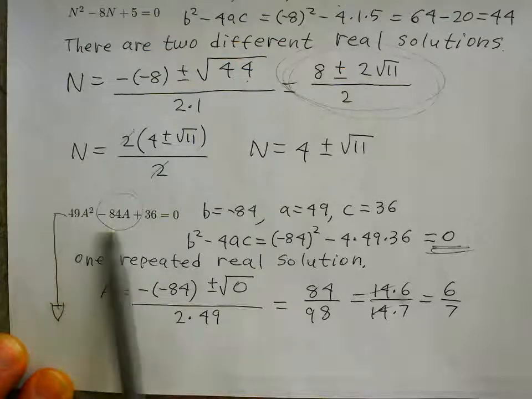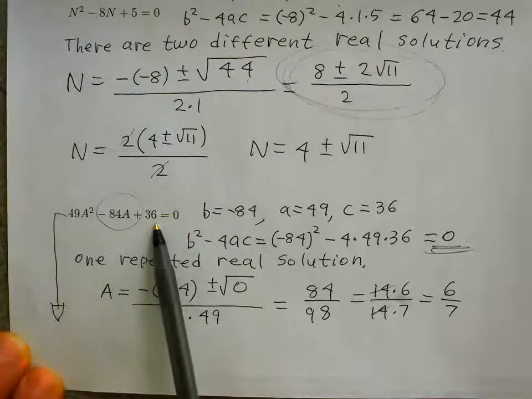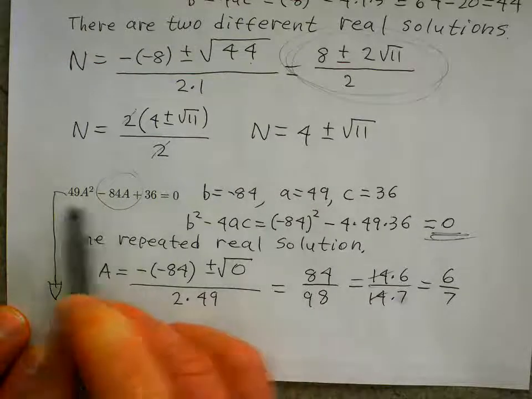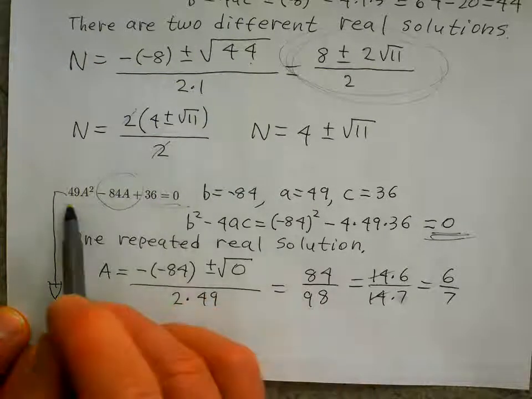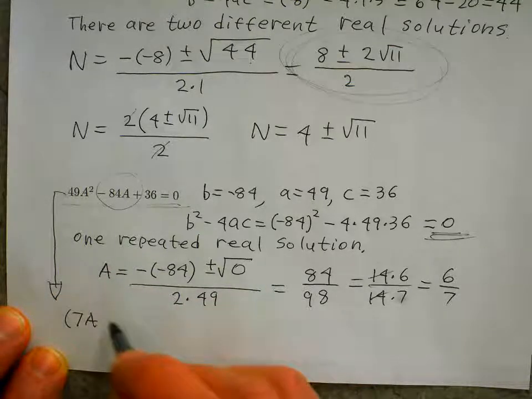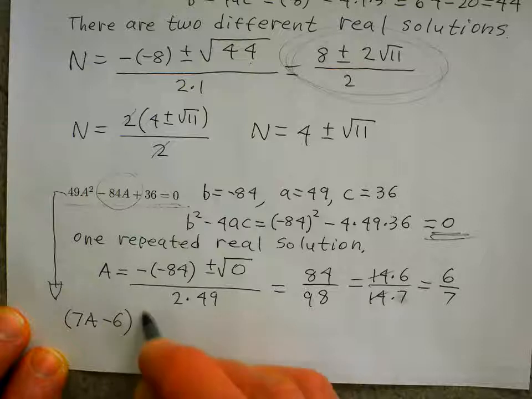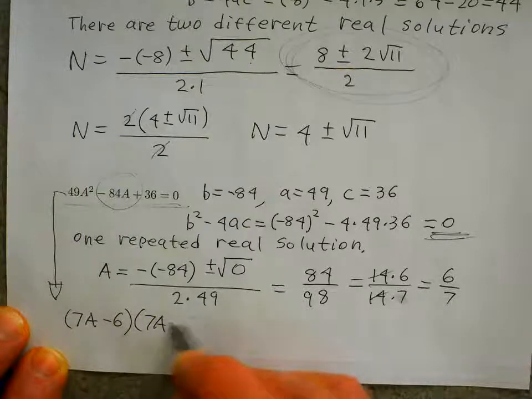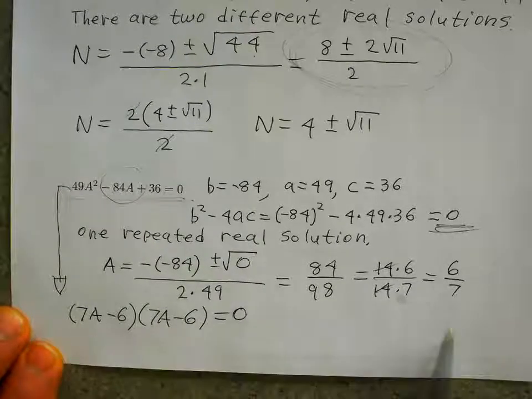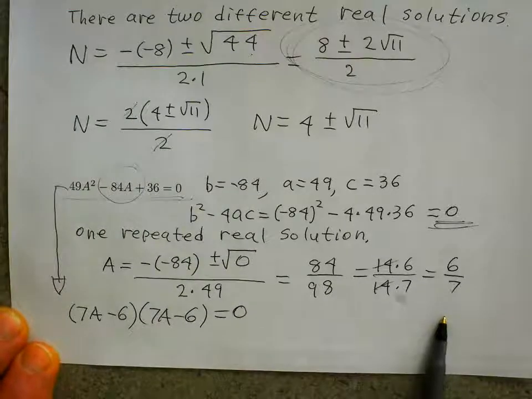And in this case, we just have a perfect square trinomial. And we know how to factor those. So this will be the last thing for today. The two factors of that are 7a minus 6 times 7a minus 6. So when you solve, you get one repeated solution of 6/7.